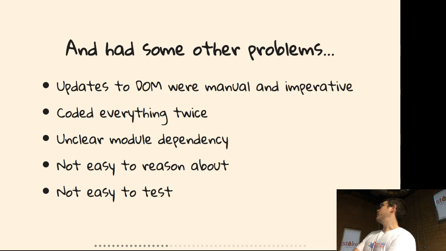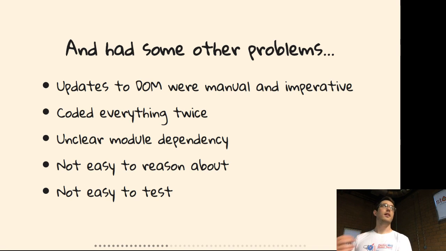Yeah, there were problems. Anytime you wanted to update the DOM, you had to do it manually. You had to often tell it how to update the DOM, it meaning the browser or the render function. You ended up coding things more than once.